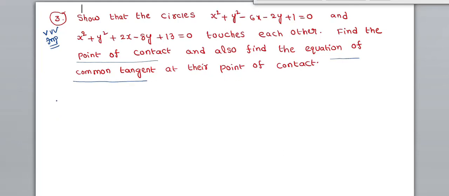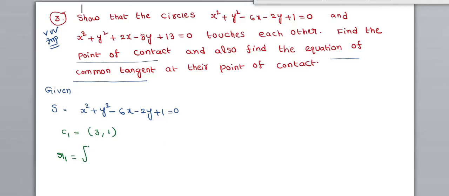So same problem. Given circle number 1: S equal to x square plus y square minus 6x minus 2y plus 1 equal to 0. Comparing x square plus y square plus 2gx plus 2fy plus c equal to 0, center C1 is equal to (minus g, minus f). So 2g equal to minus 6, g equal to minus 3, so the center is (3, 1).